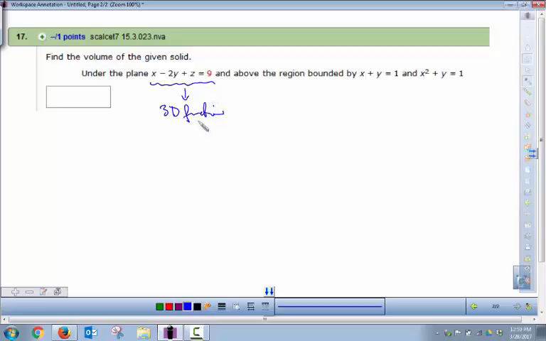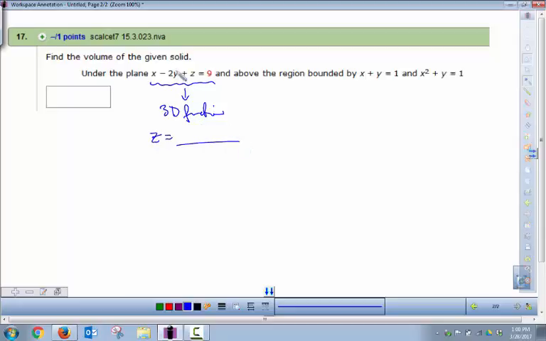The thing to identify is what parts describe the 3D function, which you're going to put in the integrand, and what part describes your two-dimensional domain that you're integrating over. If you can do that, you're steps closer to actually solving this.